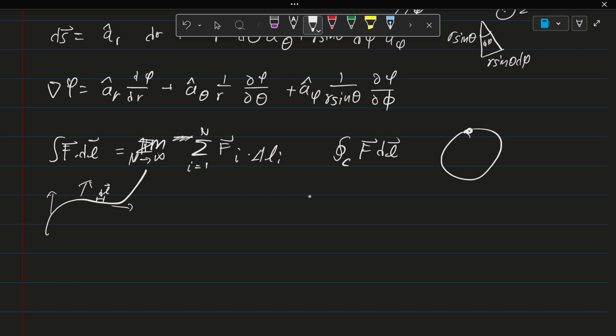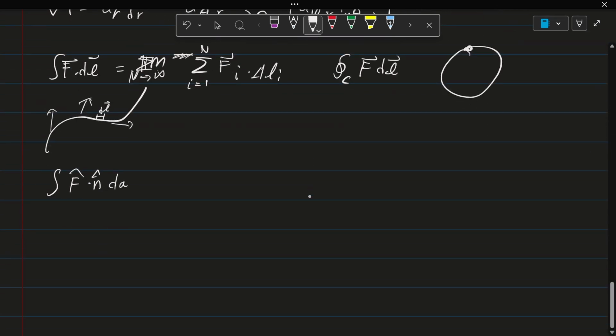You could do the same thing for surface integrals: f dot n hat dA. So this would basically mean if you have a surface here, let's say it's something like this, and then you denote the n hat direction, you could sum up all of the f vectors.